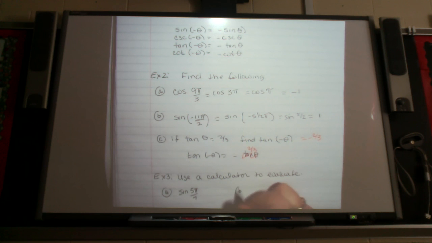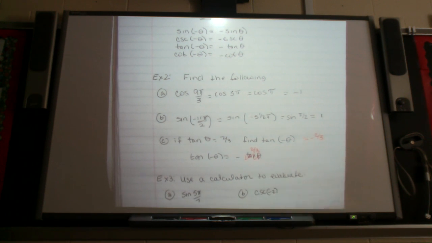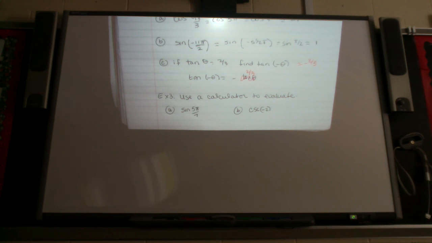Is this our last one? What do you have to make sure happens first? Your calculator has to be in what? Not degree mode, but radian mode. You need to make sure your calculator's in radian mode.